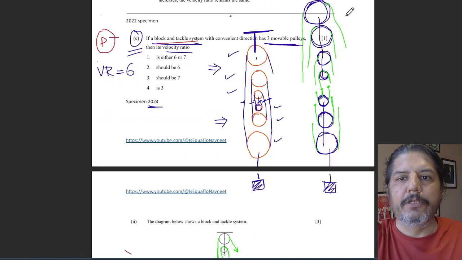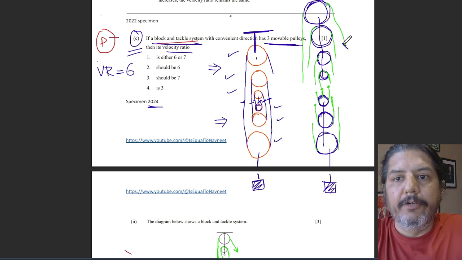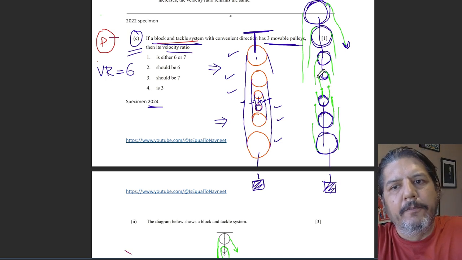I think you would be seeing better now. So in this case, let's try to understand. This will be the free end. So this rope will go once like this, then second time like this, third time like this, and fourth time it will go something like this. You can draw this again and you'll understand this well.